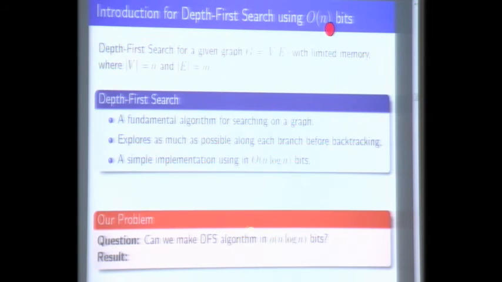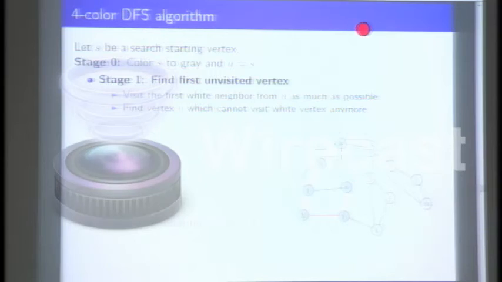So our curiosity question is, can we make this algorithm... It doesn't have a next white neighbor vertex, so the search ends.